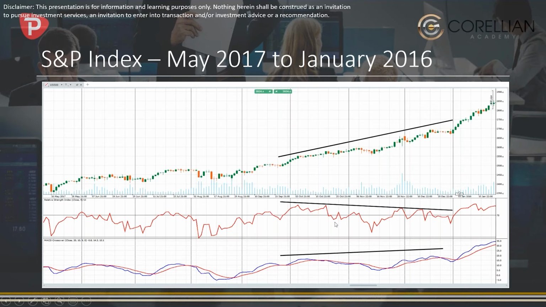So you can see that while prices were consistently making new highs, momentum was failing to confirm, but the MACD made new recovery highs as prices did. And I'm particularly looking at this short-term period here, where obviously we saw clear divergences within momentum, but we saw consistent new highs within the MACD.